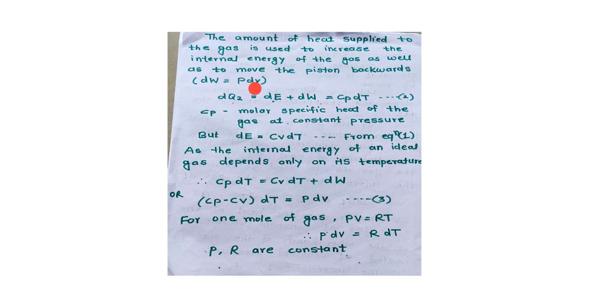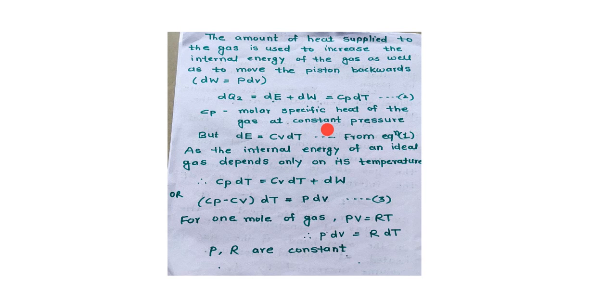Here is the second equation: dq2 = dE + dW = Cp dT. What is Cp? Cp is the molar specific heat of the gas at constant pressure. The quantity of heat required to raise the temperature of 1 mole of a gas through 1 Kelvin or 1 degree Celsius at constant pressure is called the molar specific heat of the gas at constant pressure.